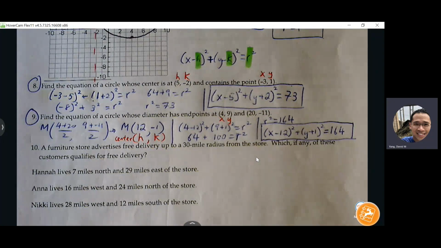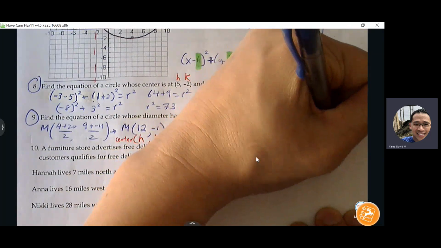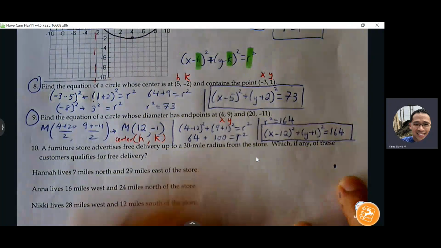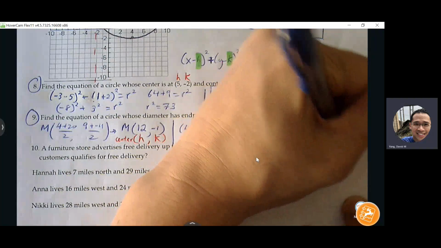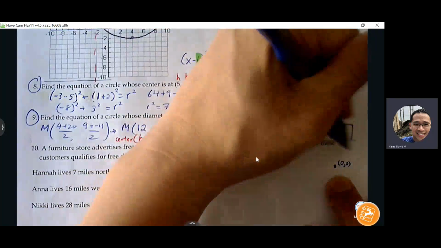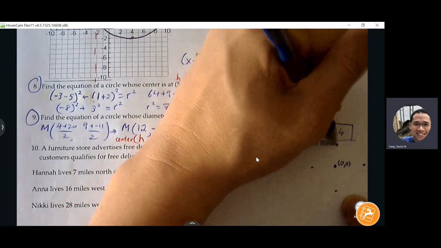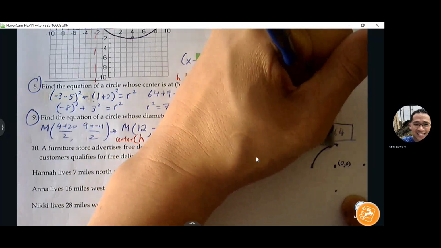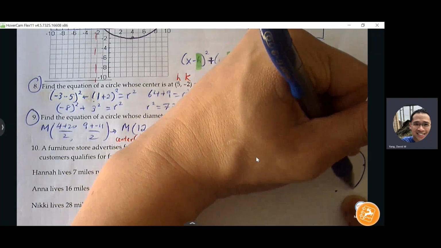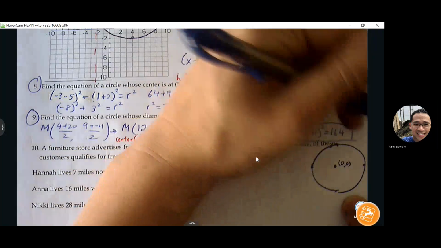So number 10 says a furniture store advertises free delivery up to a 30-mile radius of the store. Which, if any, of these customers qualifies for free delivery? Let's imagine we have the store centered at 0, 0, and 30 miles away in either direction is where the store can deliver.